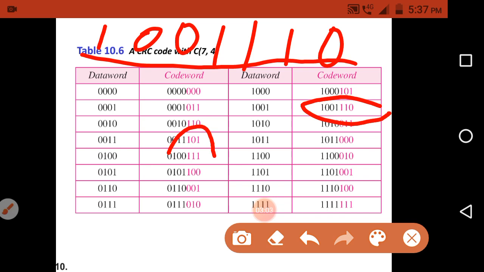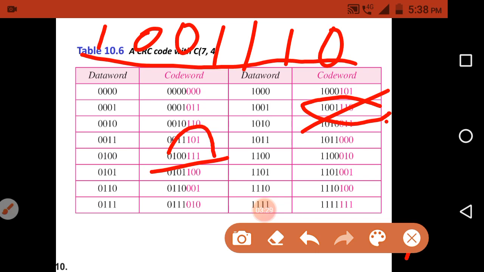It means after performing the cyclic shift on one code word, I get another code word. That is what we call a cyclic code.